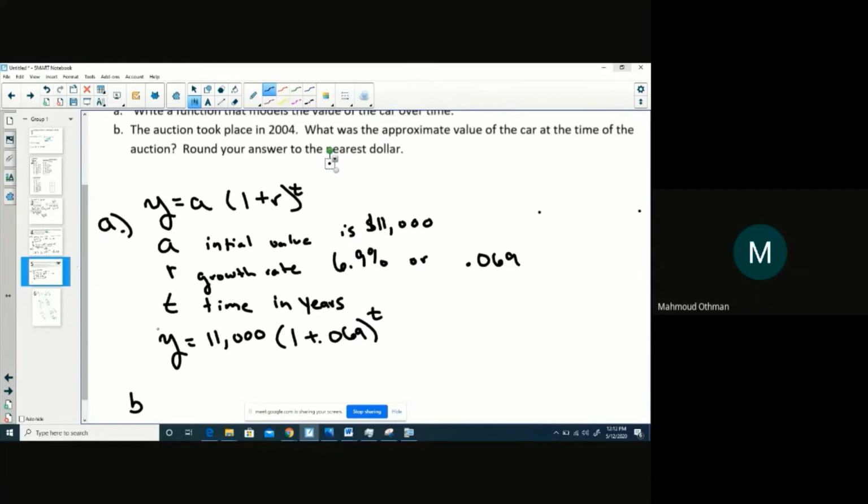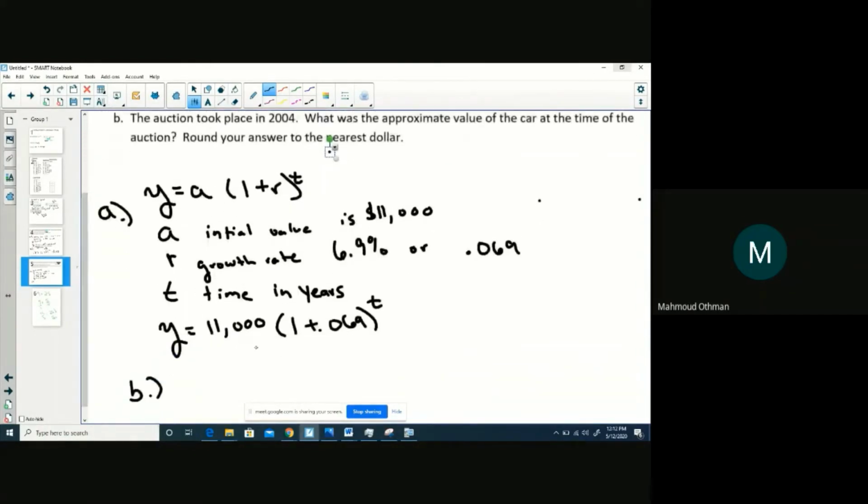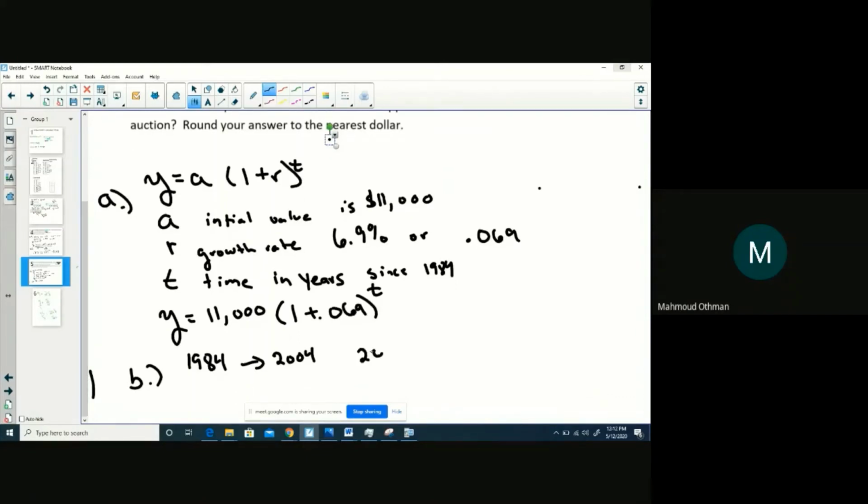Now B asks me for the value of the car at the time of the auction. So the starting point was in 1984, and then we go from 1984 to 2004. So that's 20 years. So my time, T, is going to equal 20 years.